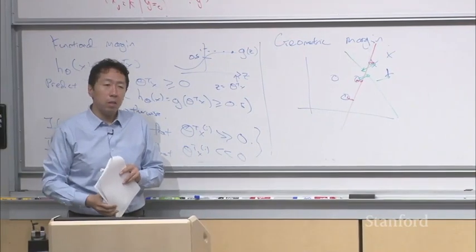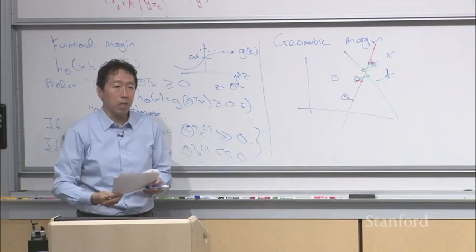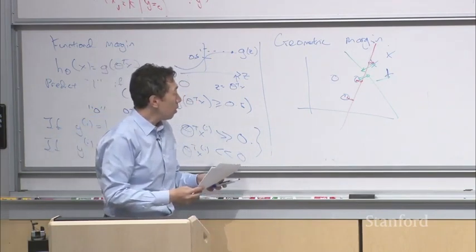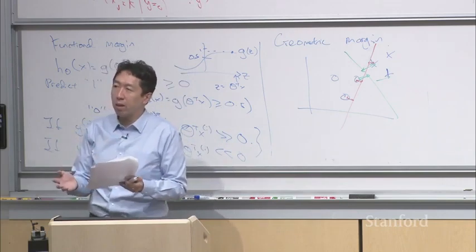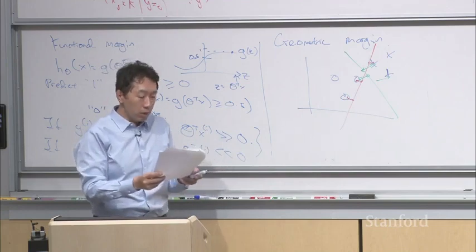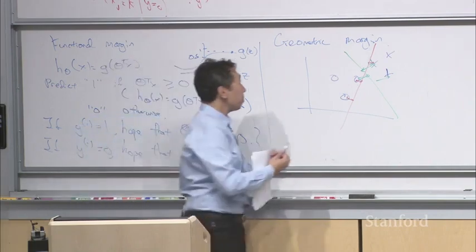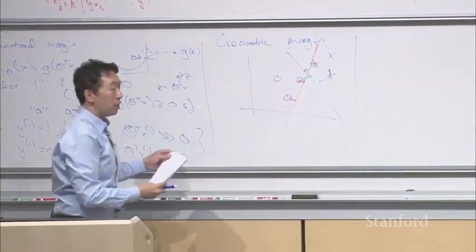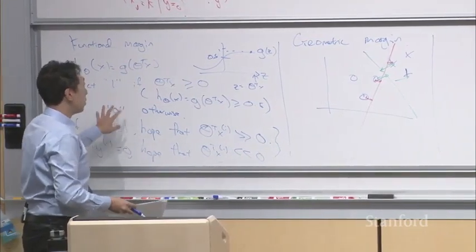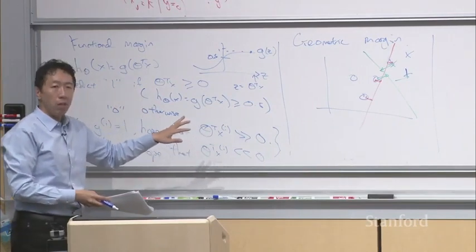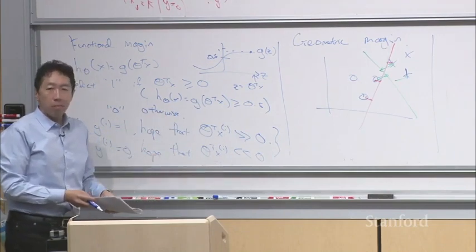So even though the red line and the green line both perfectly separate the positive and negative examples, the green line has a much bigger separation, which is called the geometric margin, meaning a physical separation from the training examples, even as it separates them. What I'd like to do in the next 20 minutes is formalize the definition of functional margin, formalize the definition of geometric margin, and pose the optimal margin classifier, which is basically an algorithm that tries to maximize the geometric margin.